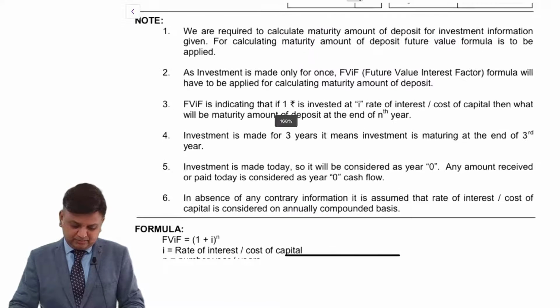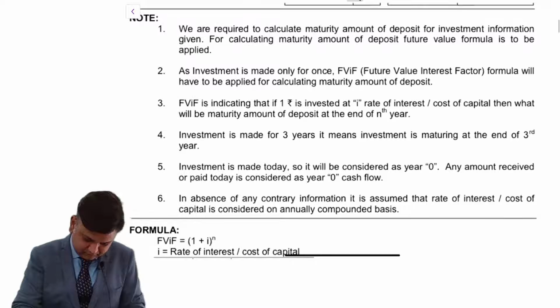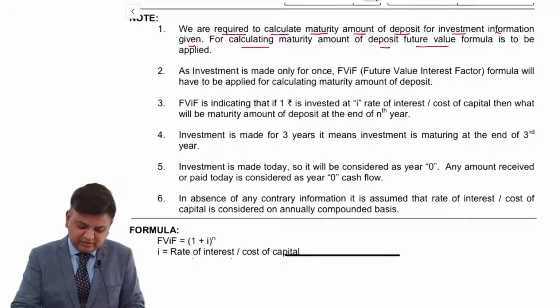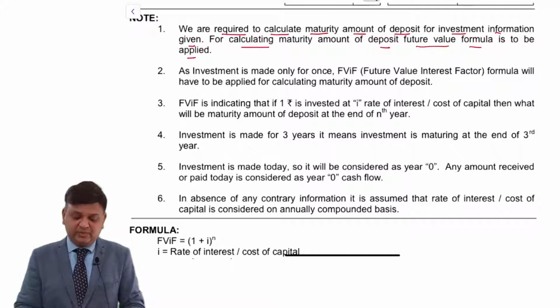I am reading the note. We are required to calculate maturity amount of deposit for investment. For calculating maturity amount of deposit, the future value formula is supposed to be applied.